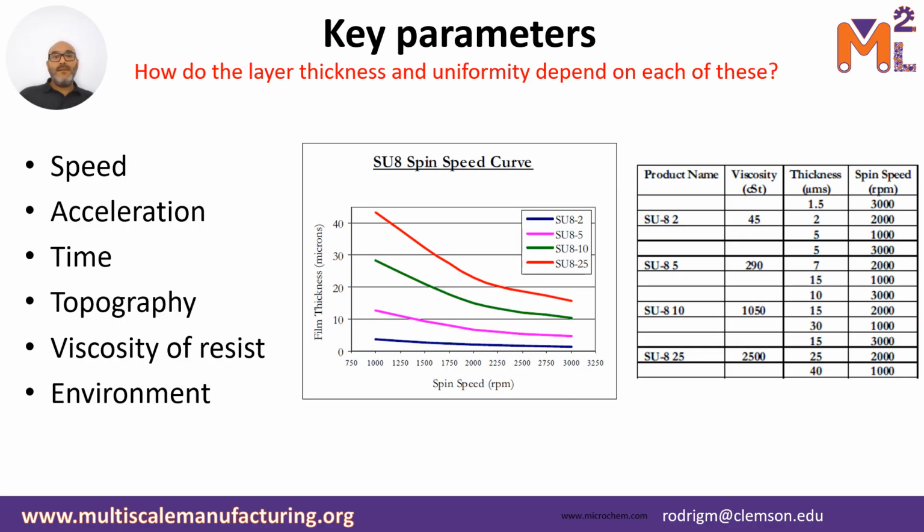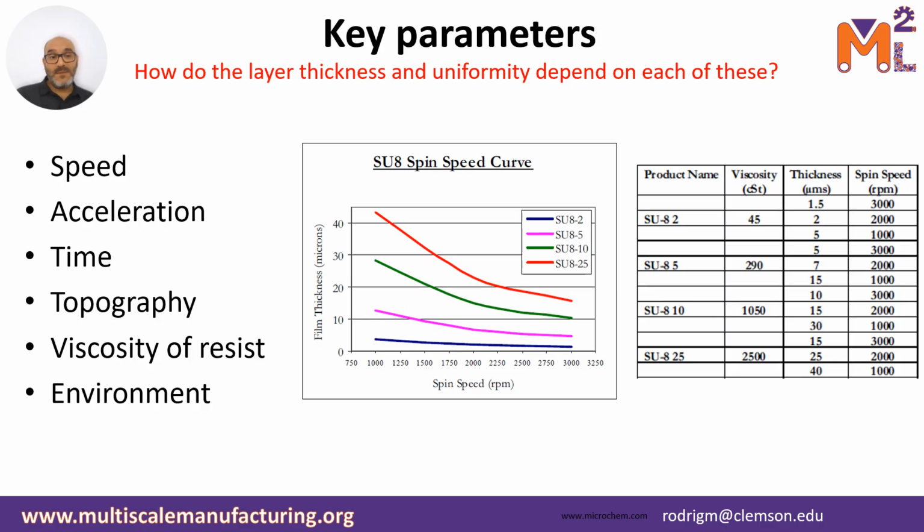Now, there are a few key parameters that you need for spin coating. The first one will be the speed. How fast are you going to start spinning? The acceleration, right? How fast can you get to the speed of interest? The time of the coating, the topography that you might have on your substrate. You can have a flat, pristine substrate, or you can have a substrate that already has some structures on it, right?